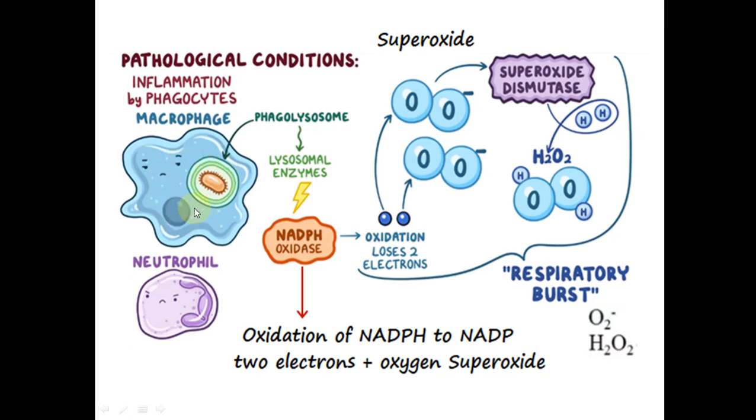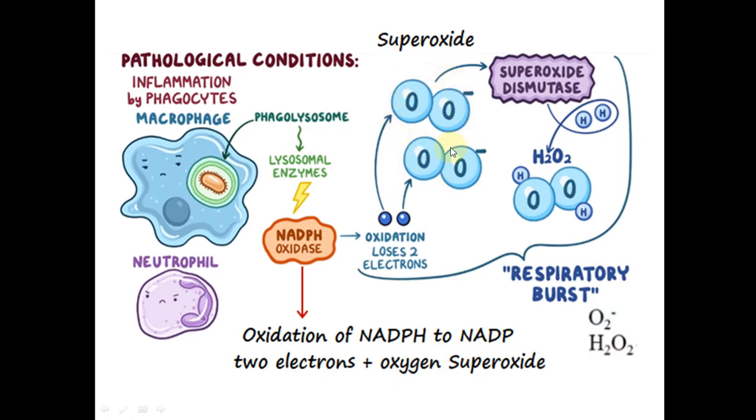In the phagolysosome, the lysosomal enzymes activate the enzyme NADPH oxidase. This NADPH oxidase causes oxidation of NADPH to NADP, and in this reaction two electrons are transferred to the oxygen, which is converted into the superoxide free radical.